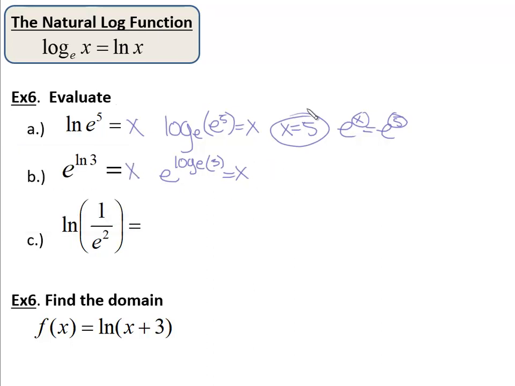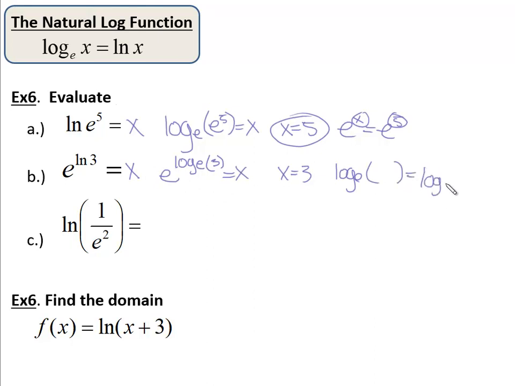If I forgot, we could actually change this to log form because it's currently in exponential form. And as a log, we would write this as log base e, because that's the base of my exponent, log base e of something equals something. And remember that it equals the logarithm.